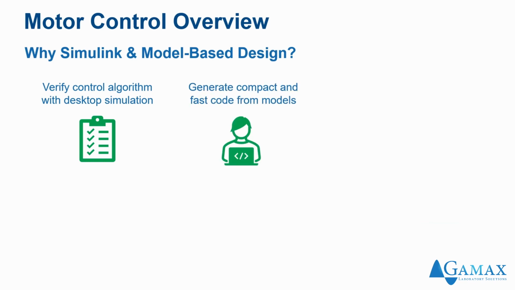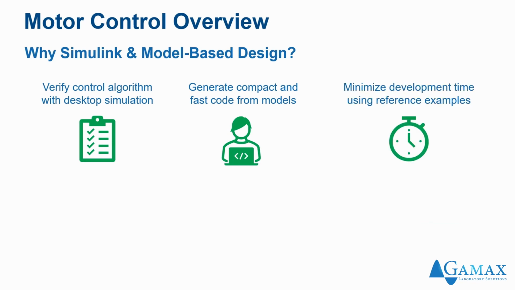What we provide is not only quickly going from design to implementation by automatically generating code from the Simulink model, but also using this code to spin the motor. And to minimize development time, we have many reference examples to quickly get started on our next motor control project. Most importantly, the reason why one would choose to use Simulink is faster development time.